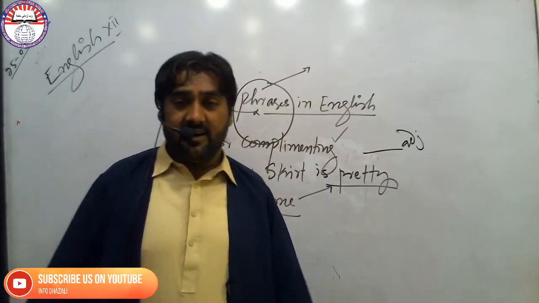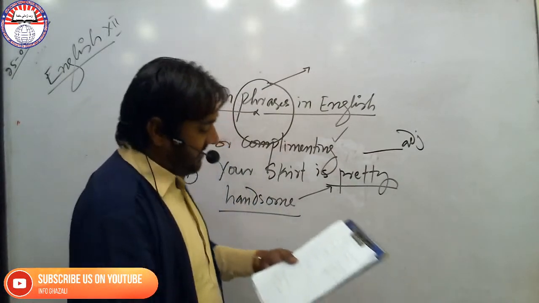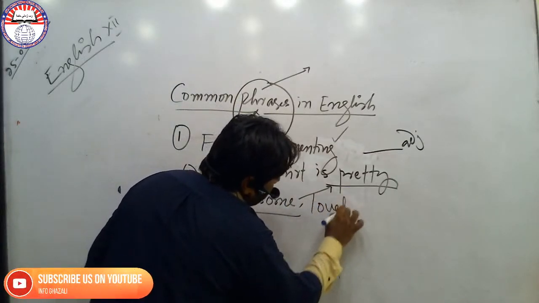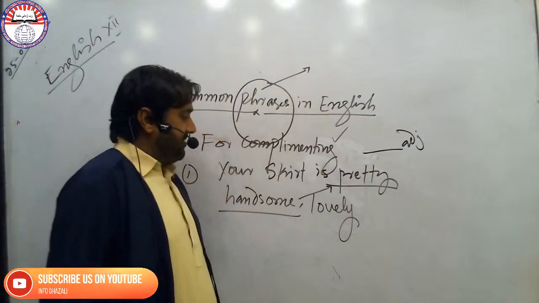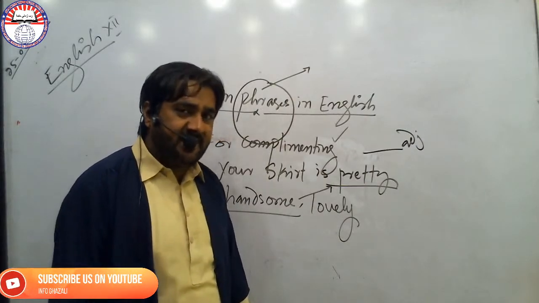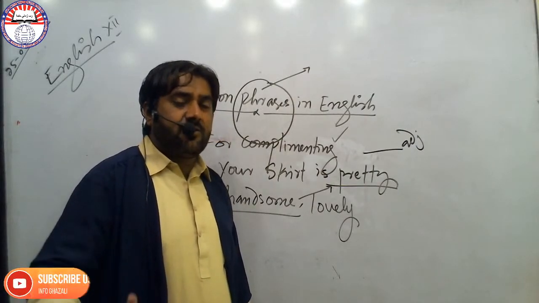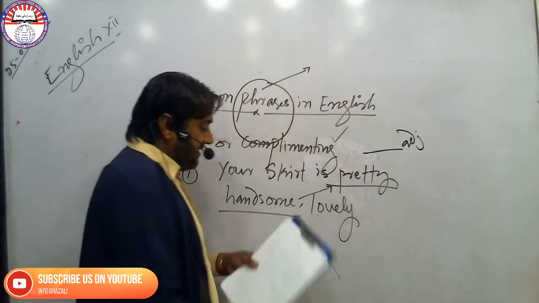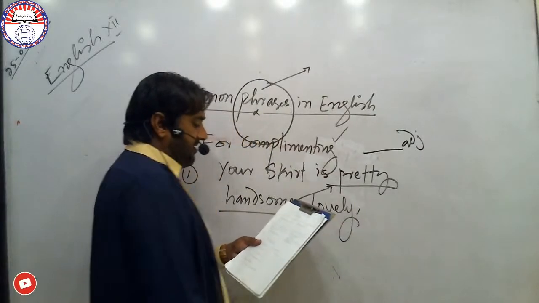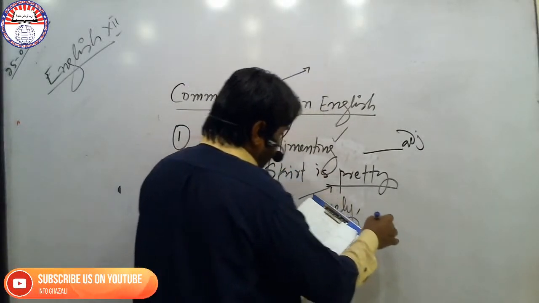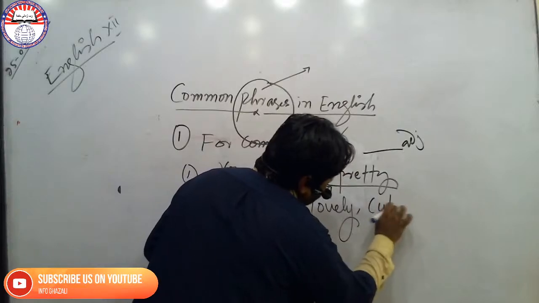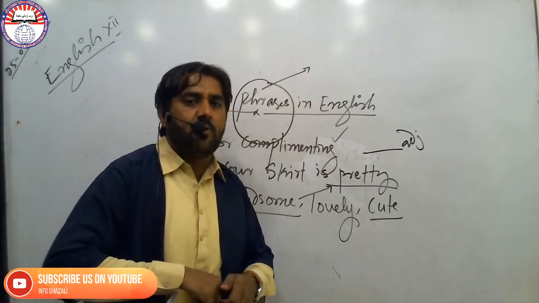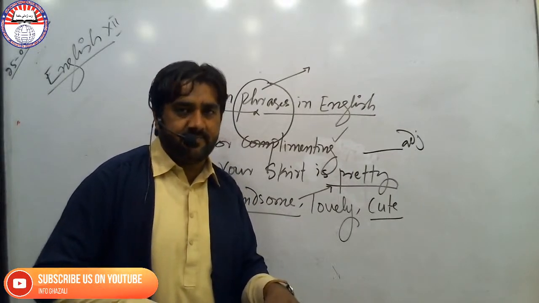Handsome is again an adjective in grammar. Then we have other choices as well. Your skirt is lovely. Skirt is part of your dress. Then we have other words as well. Cute. But remember this, cute is mostly used for kids.